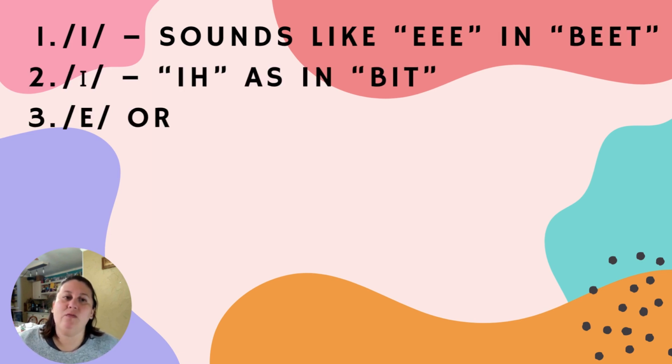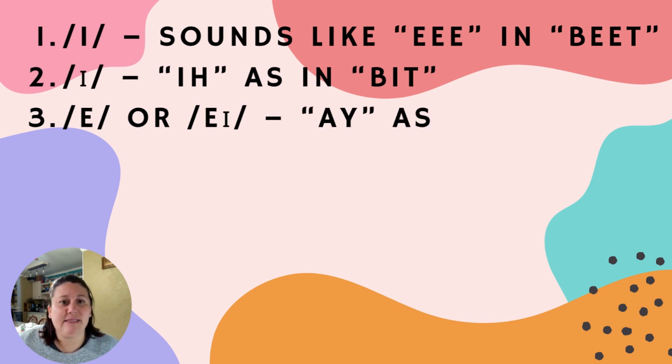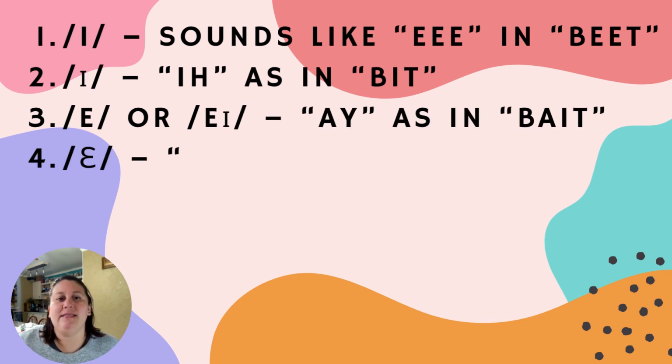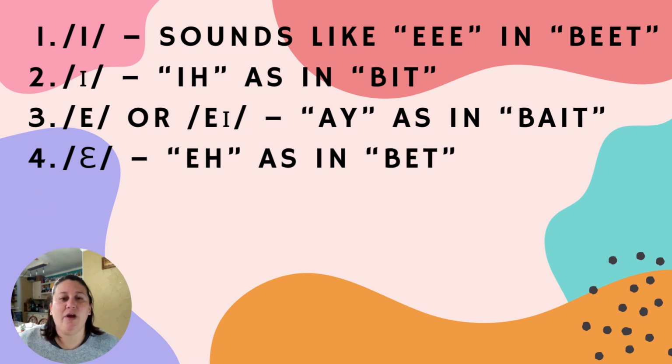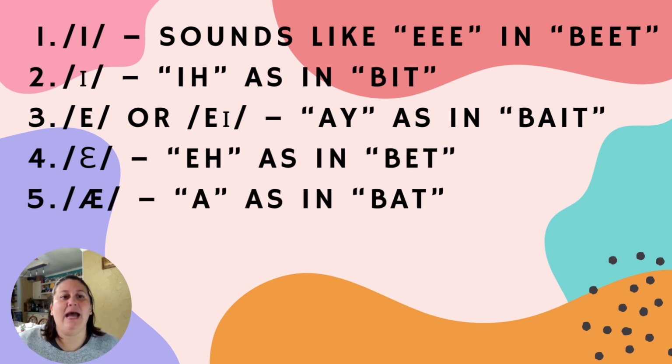I'm going to say the word, show the phonetic symbol, and then give an example. So, first, this one sounds like E, as in beat. Now, if you look, when I say the E sound, my lips are spread. And if you could see inside, you would know that my tongue is high and in the front.